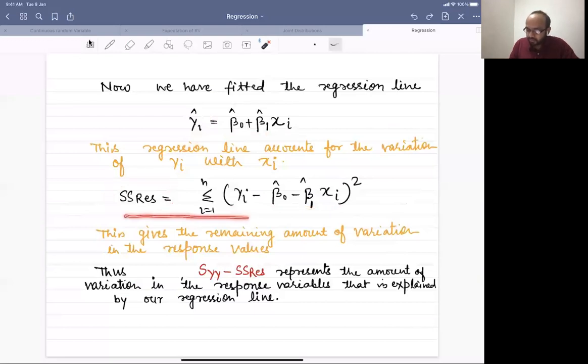So if this is the remaining one, I can write that SYY minus sum of squares of residuals represents the amount of variation in the response variable that is explained by our regression line. So sum of squares of residuals is telling the variability which our regression line is not explaining or not accounting for. So the one which our regression line is accounting for is actually SYY minus sum of squares of residuals.